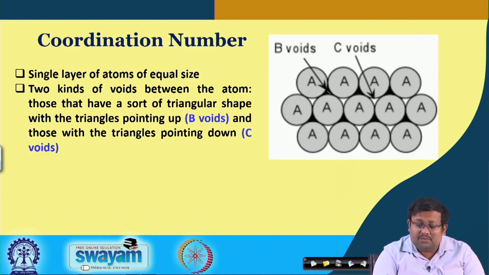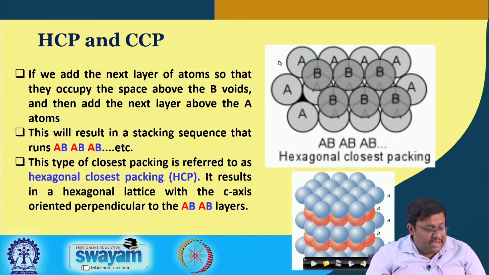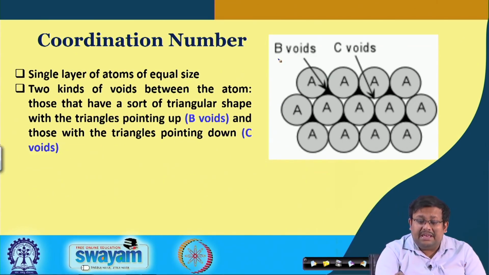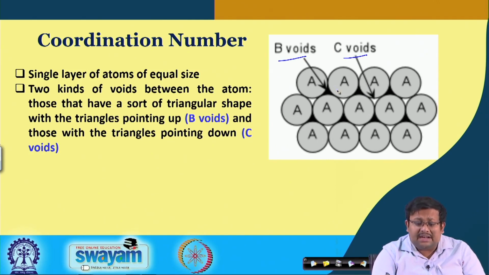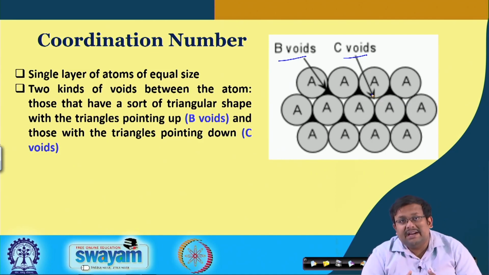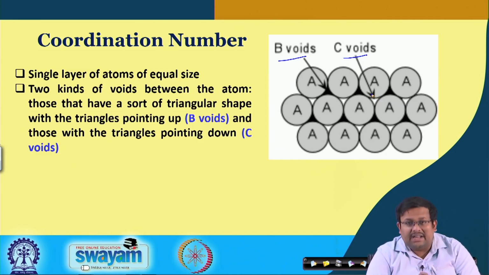As you can see, this is one kind of void and this is another kind of void, and we are naming these as B voids and C voids. All these voids are triangular in shape, and you can see these B voids are pointing up, and the triangles which are pointing down are known as the C voids. So, these two types of voids are created with a single layer of atoms of equal size.